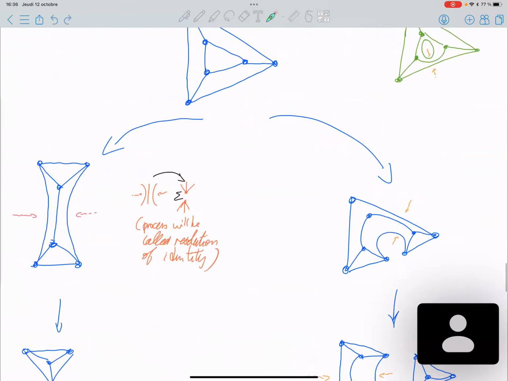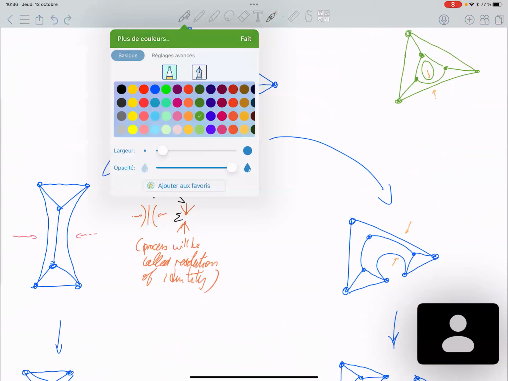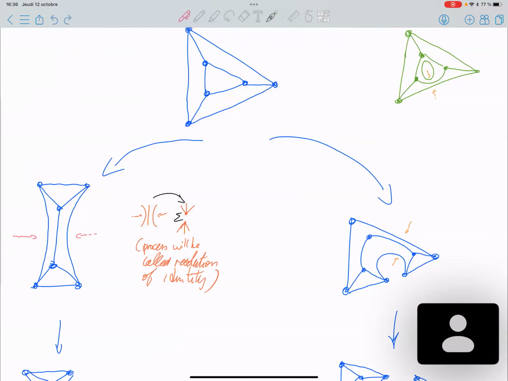So let me just write something I said, but I did not write here. I wanted to say the addition of a free string is the same as multiplying by a constant.